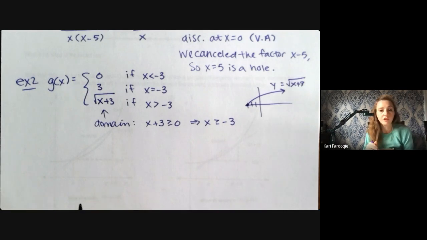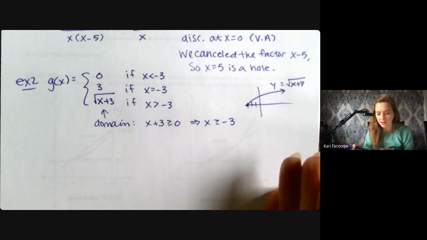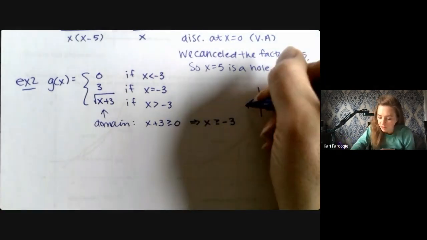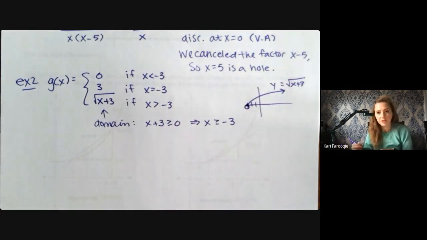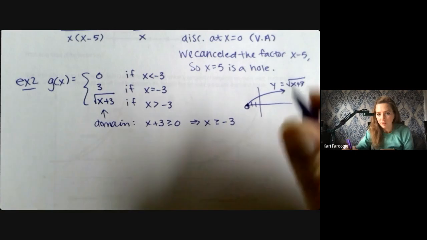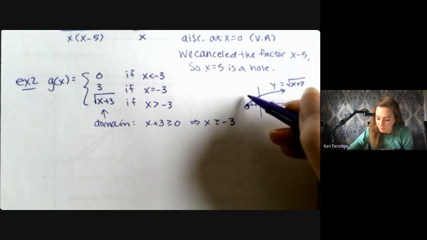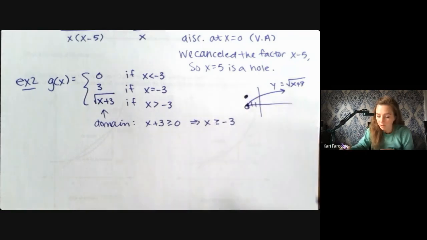Mostly, we're just focusing on this piecewise function. I already just graphed this. I said that occurs if x is greater than -3, so this would be an open circle. You could just plot this piecewise function right now. If x equals -3, y is 3. So you'd have a point somewhere up here.